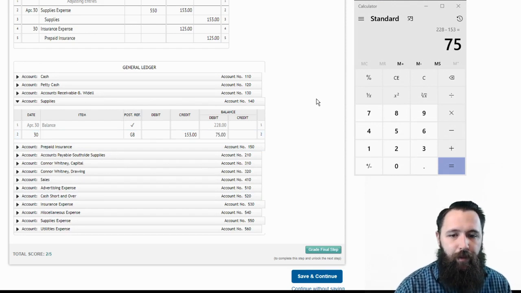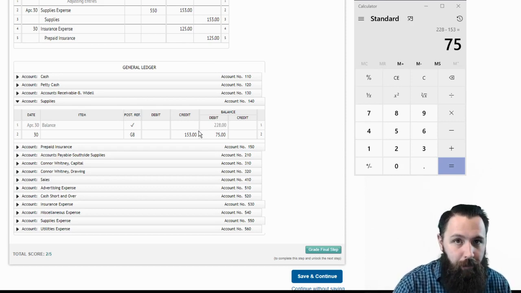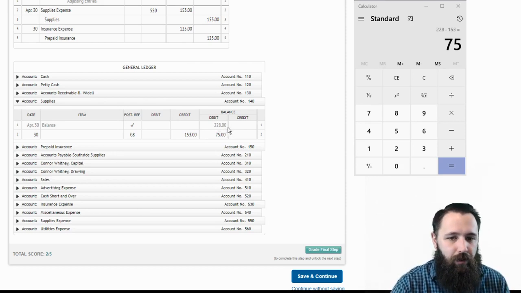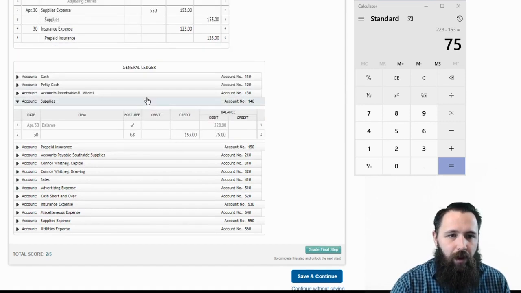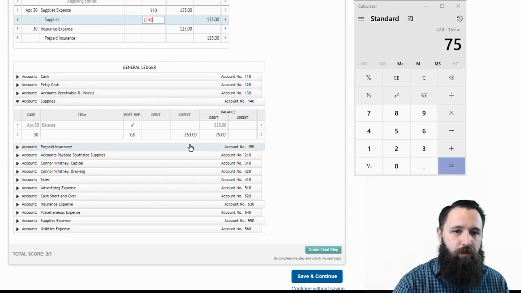Now, is this balance a debit or a credit? Well, it's still going to be a debit because our debit amount was larger than our credit amount. So what this is really telling us is we have $75 worth of supplies on hand still. There we go. So that's supplies. Make sure that you go up here and you look at your post reference. We're going to put in 140.